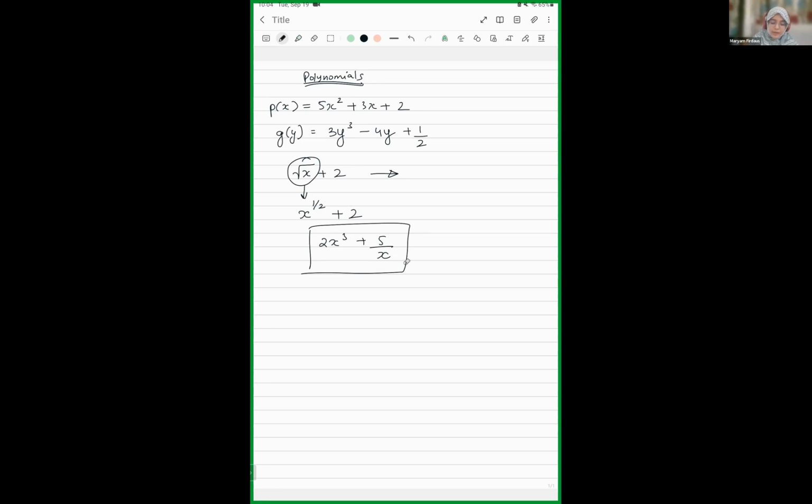So x in the denominator means that this is x to the power minus 1. Do you remember what we studied in number systems? That a to the power minus m is nothing but 1 by a to the power m. So since x was in the denominator, we sent it to the numerator and made the power negative 1, which is not a whole number again. So this is also not a polynomial.